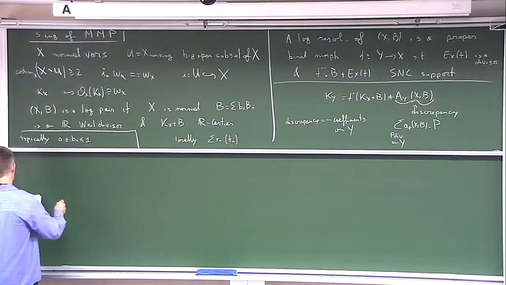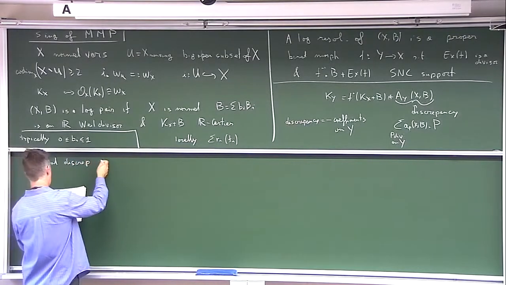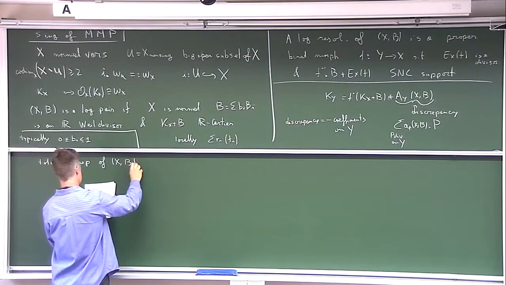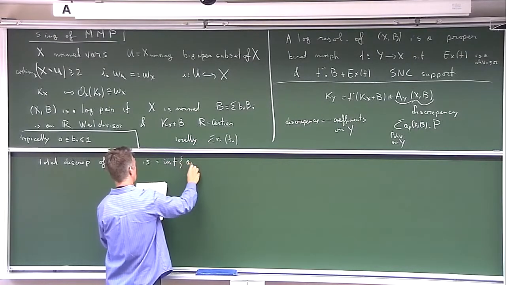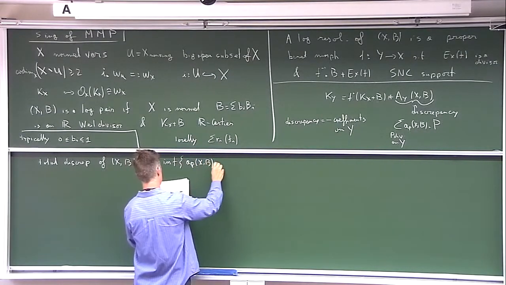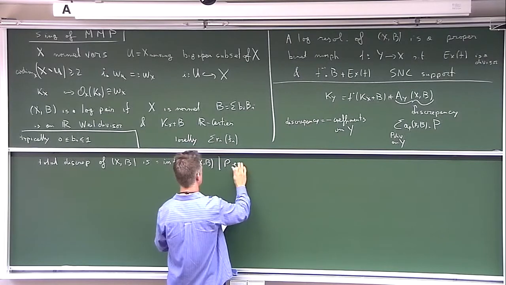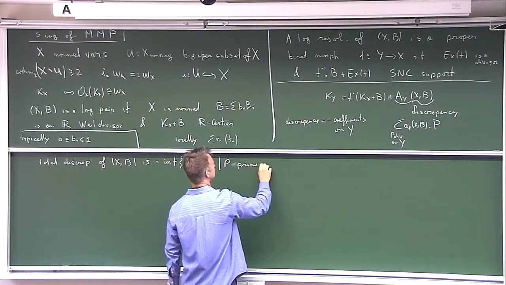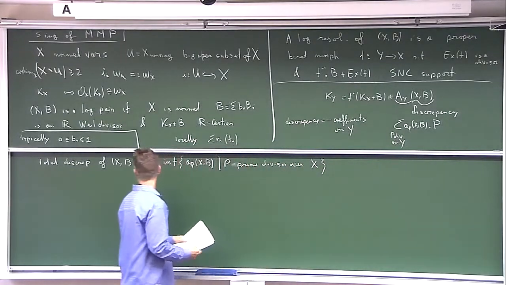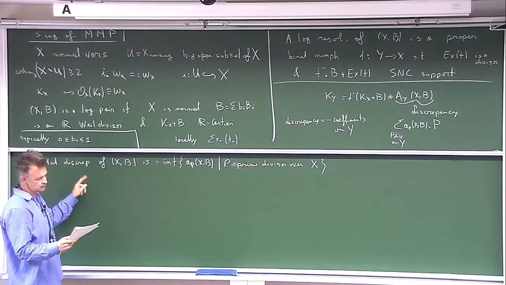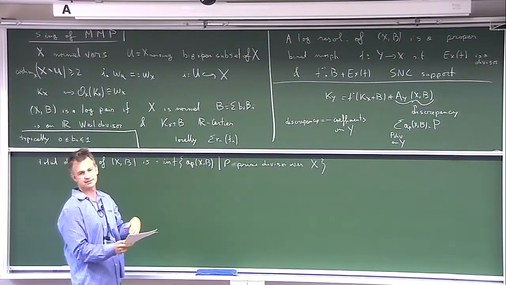So the total discrepancy of (X,B) is the infimum of the set of all possible discrepancies a_P, where P is any prime divisor over X. So in order to compute the total discrepancy, you have to worry about all possible resolutions of X. Right?